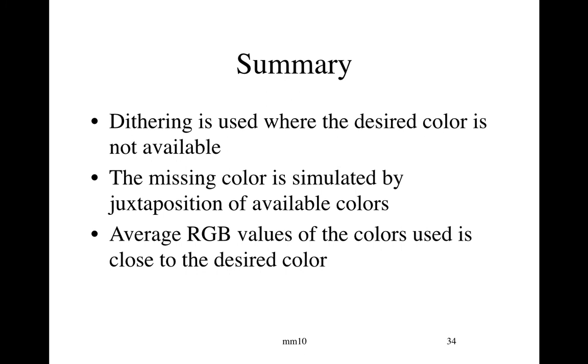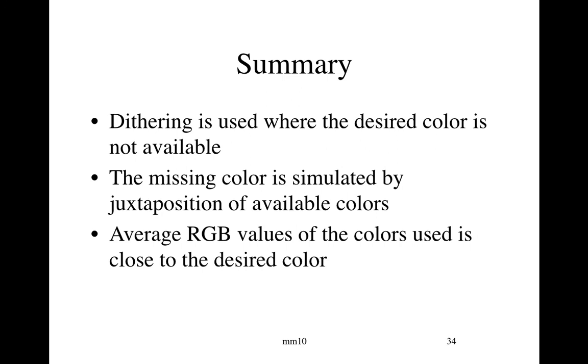So the point is that when you're dithering, there's a color you want and you don't have. And you can simulate having that color by arranging colours you do have in the right proportions.